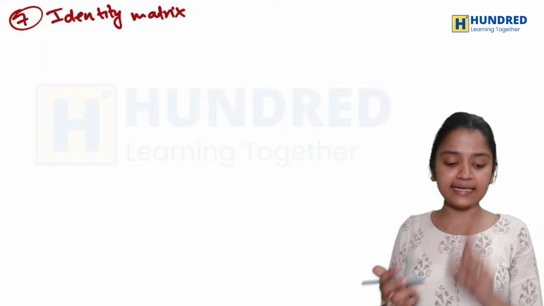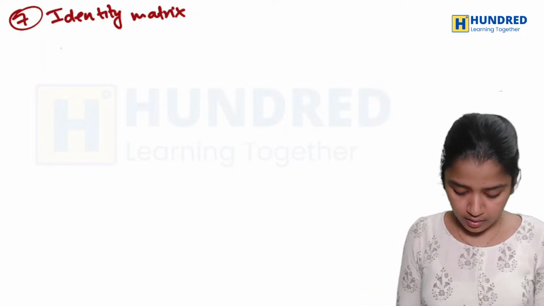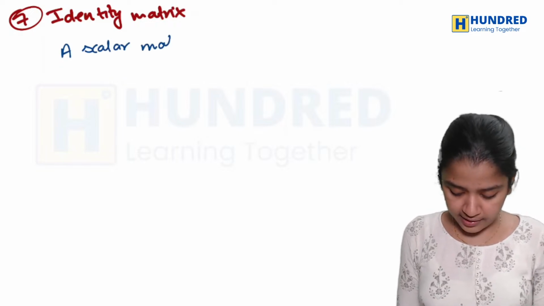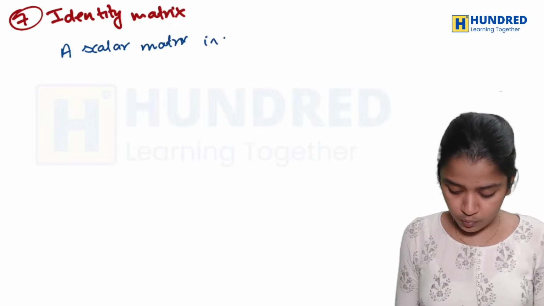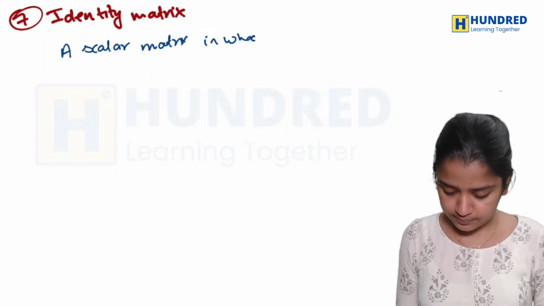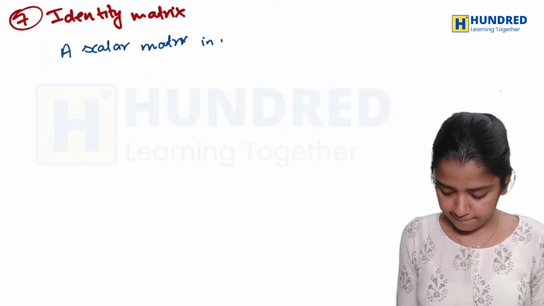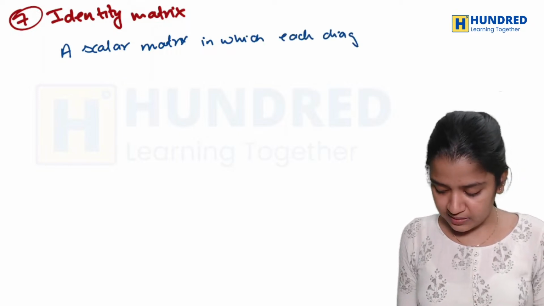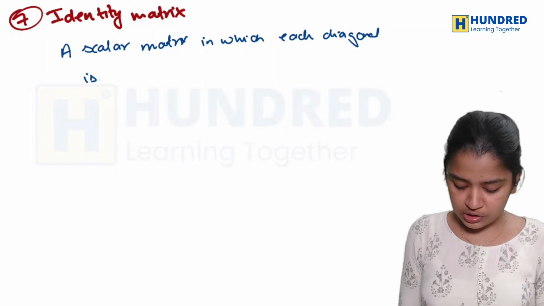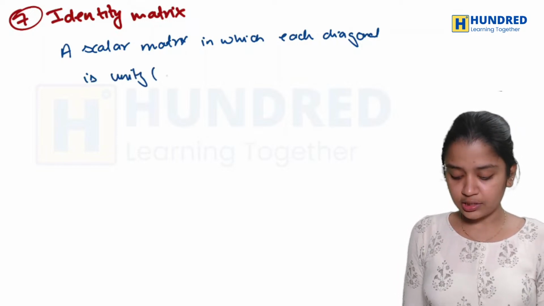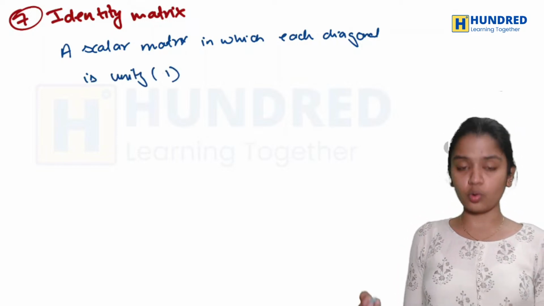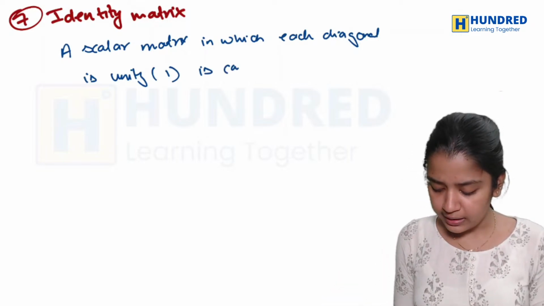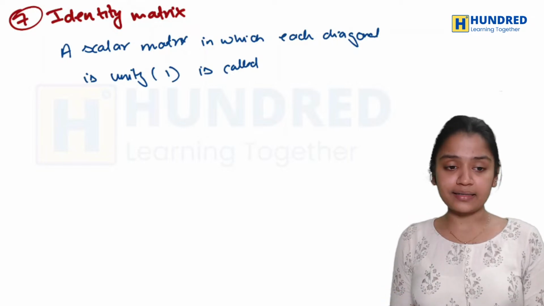So it is a scalar matrix in which each diagonal element is unity, meaning 1.